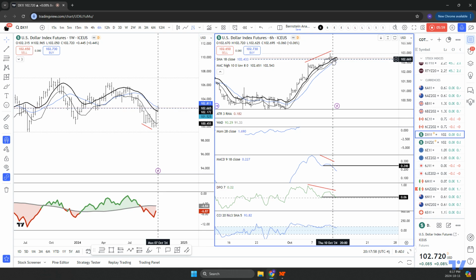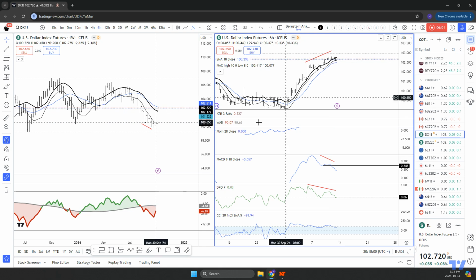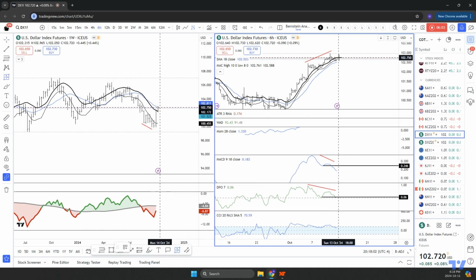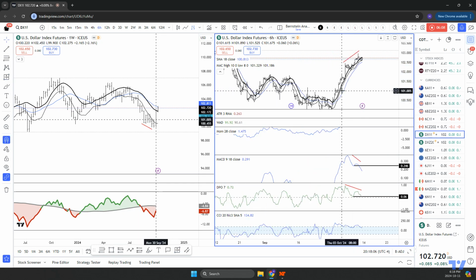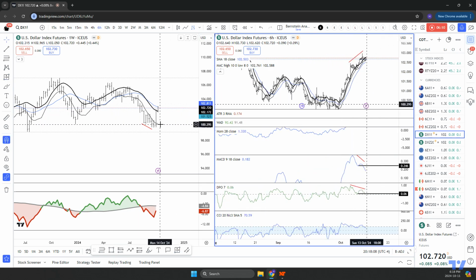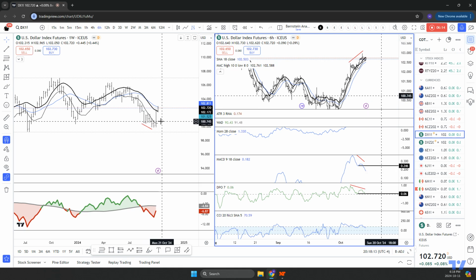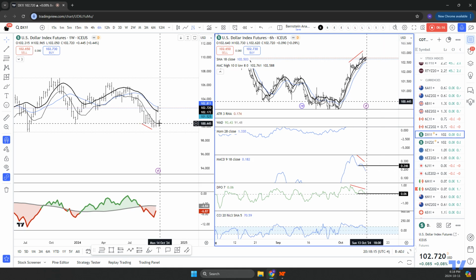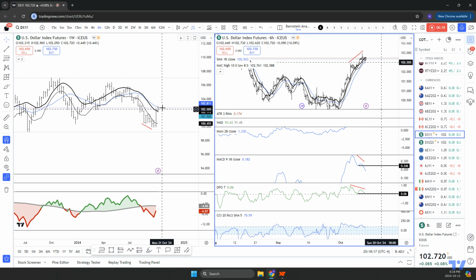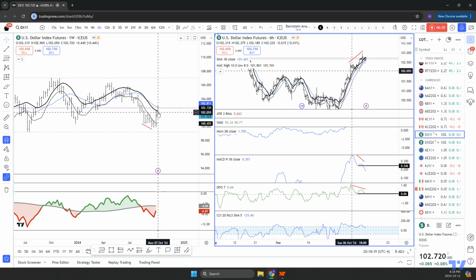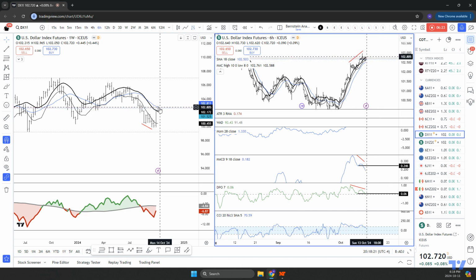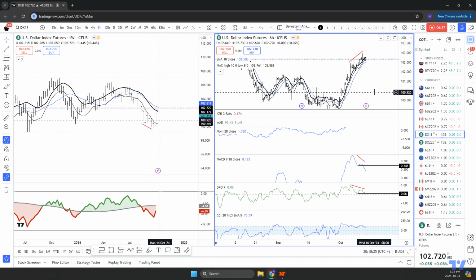So we theoretically should see a pullback on the US dollar, and that pullback could go quite deep, down to around 100. Now, that doesn't have to happen. Next week, this MAC on the low is going to come up a little bit, so it's not going to be quite down at 104.55. But basically, if you trade the weekly time frame, then yeah, you could definitely expect the market to pull back this week.